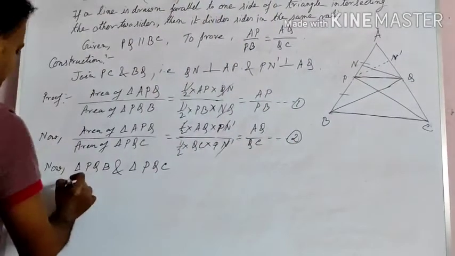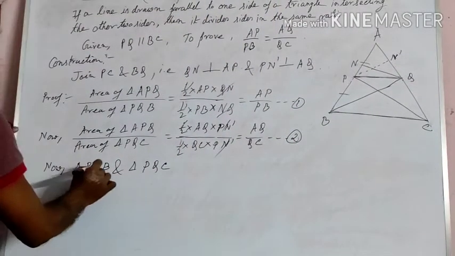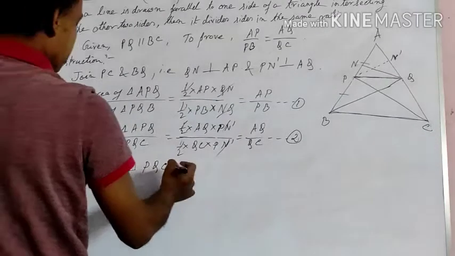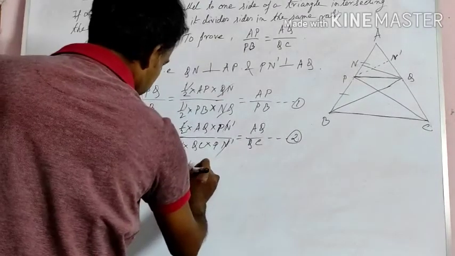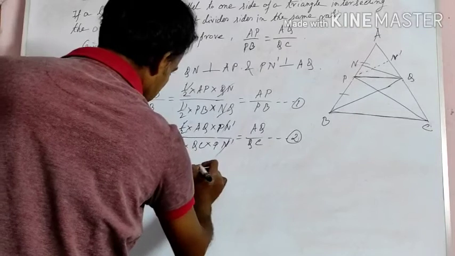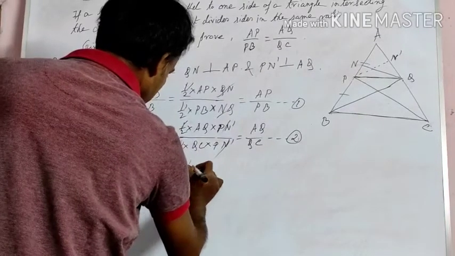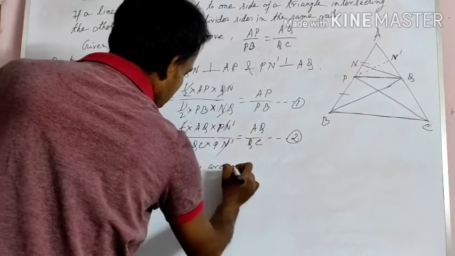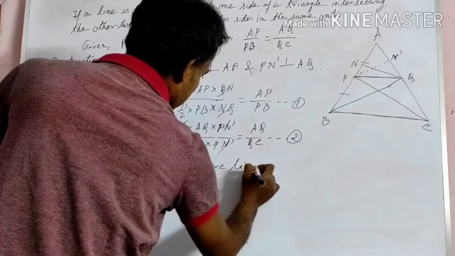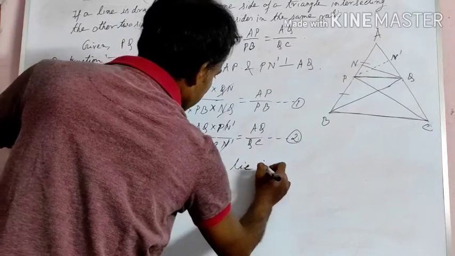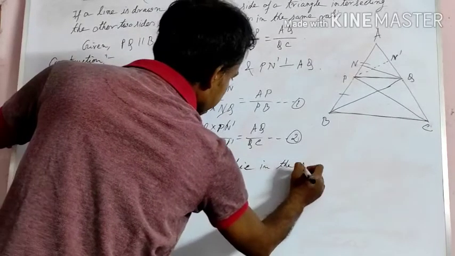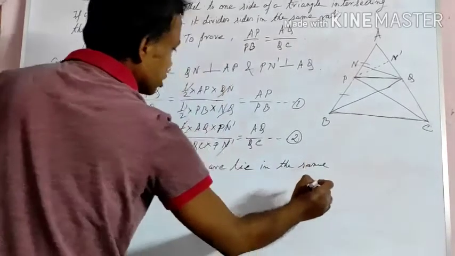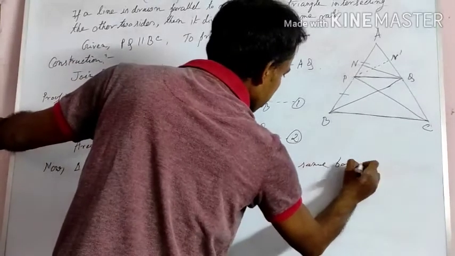So in triangle PQB and triangle PQC, they lie on the same base. What is the same base?